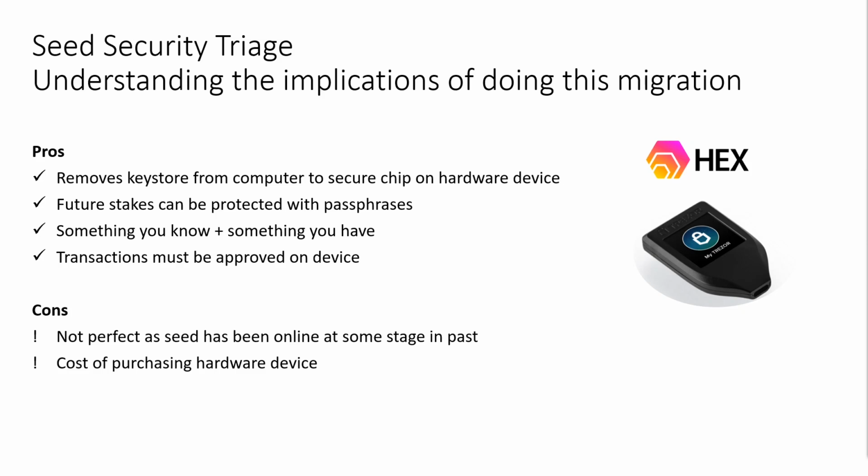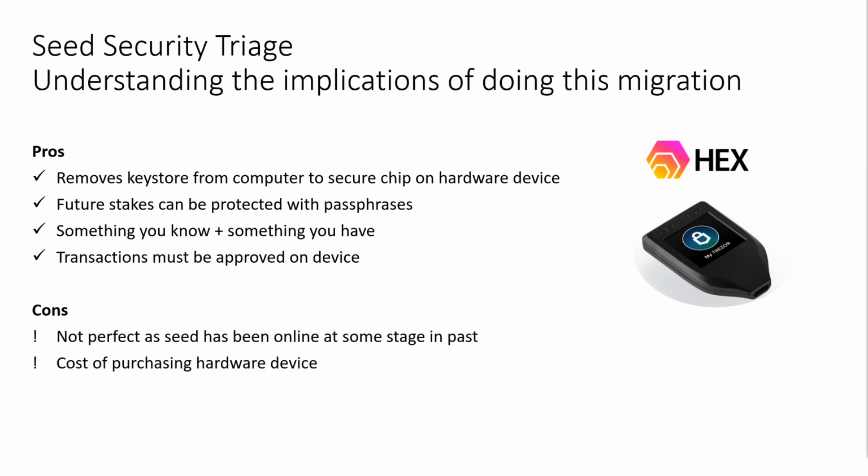So your future stakes can now be protected with passphrases. You've migrated from a software wallet to a hardware wallet, and if you've used the Trezor like I'm suggesting you do, then you can start implementing the passphrase feature for future stakes. So you get to the stage where you're not using the key store on your machine.